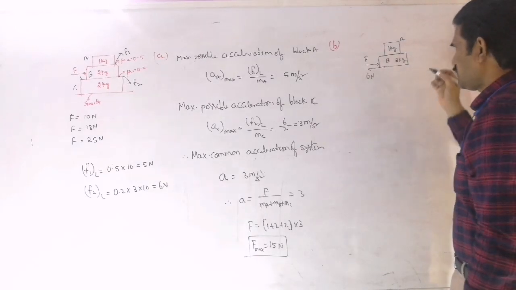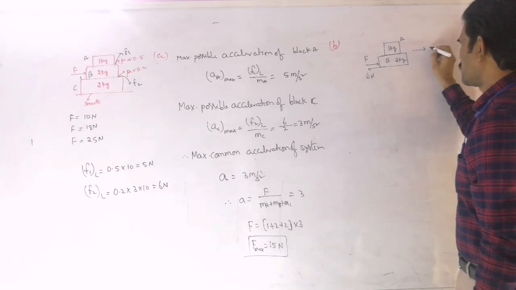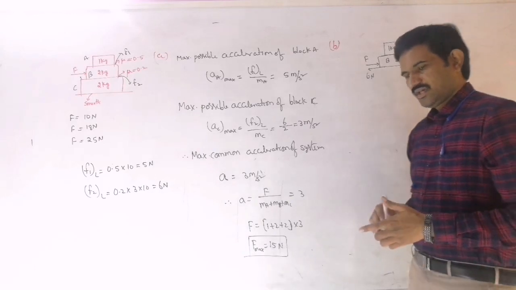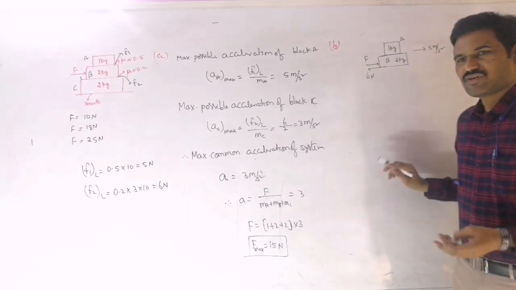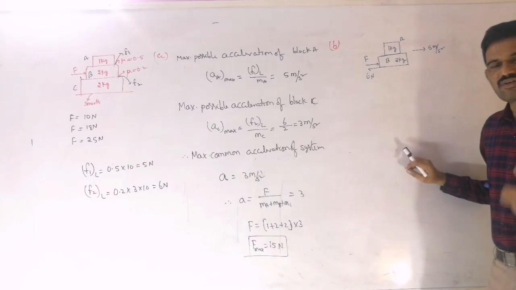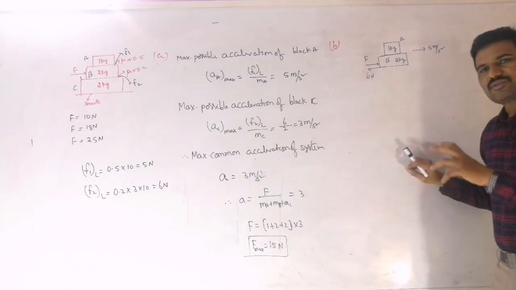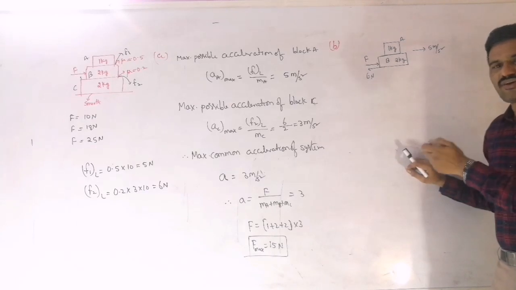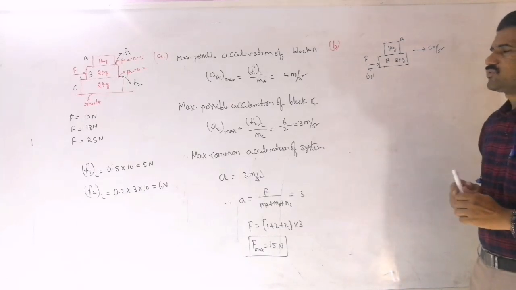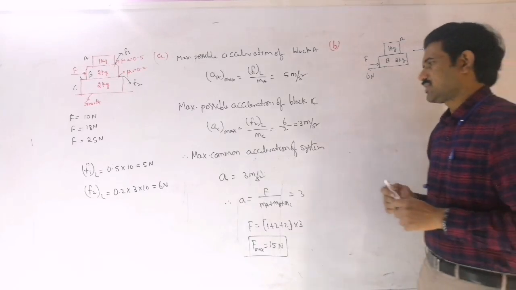Now this acceleration should be equal to 5 meter per second square. If that value is 5 meter per second square, then the system is ready to slip. If it is slightly greater than that, then slipping will start. Because we are calculating the minimum force, we take 5 meter per second square here.